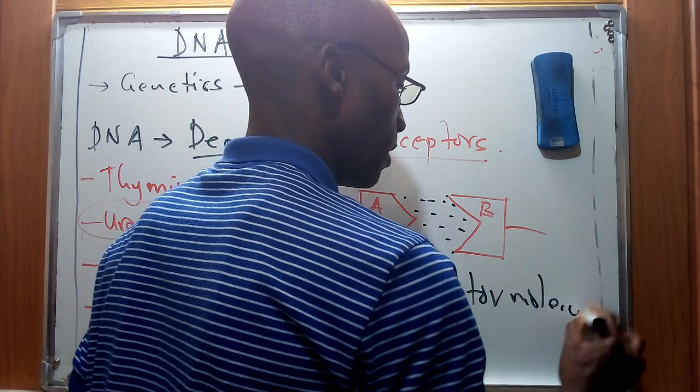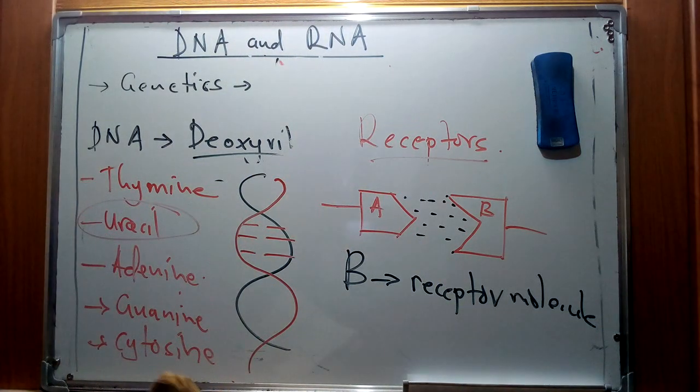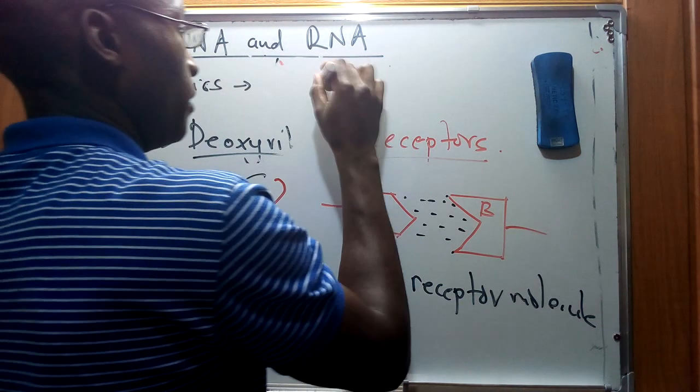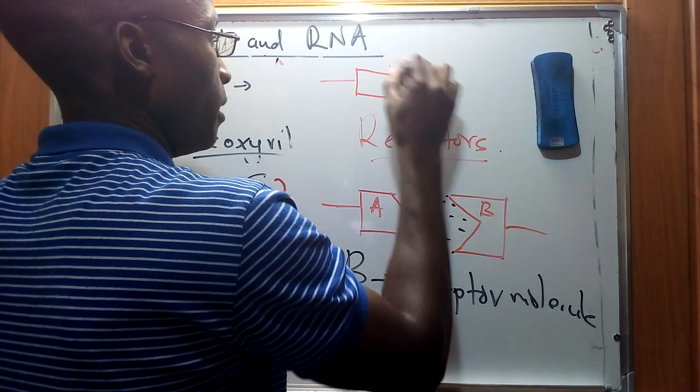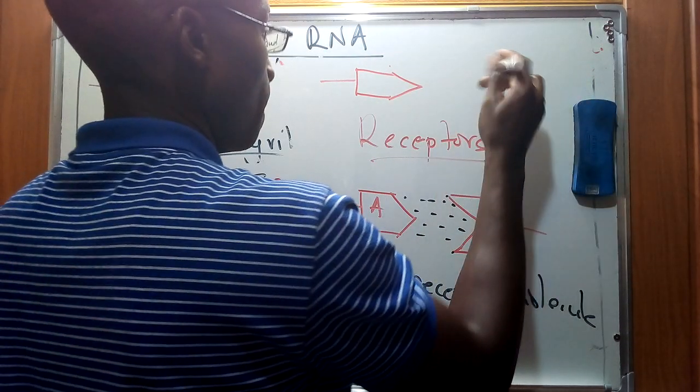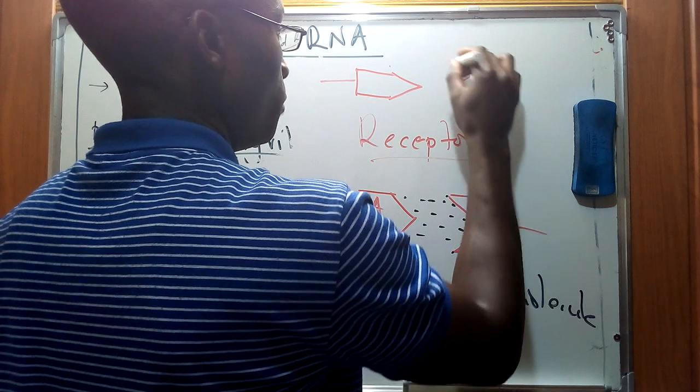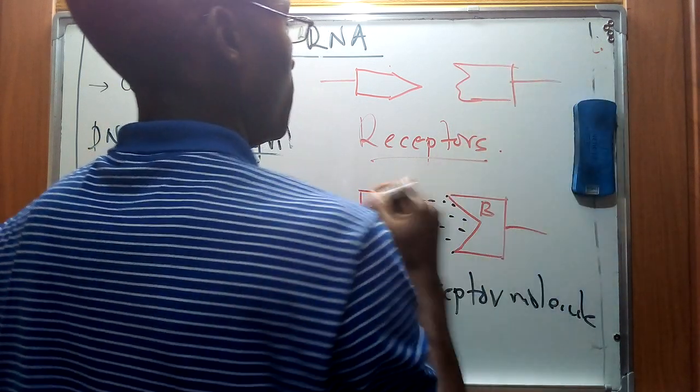Now, suppose I have a different molecule which has the same feature as molecule A, but I have a different molecule B which has that specific point.